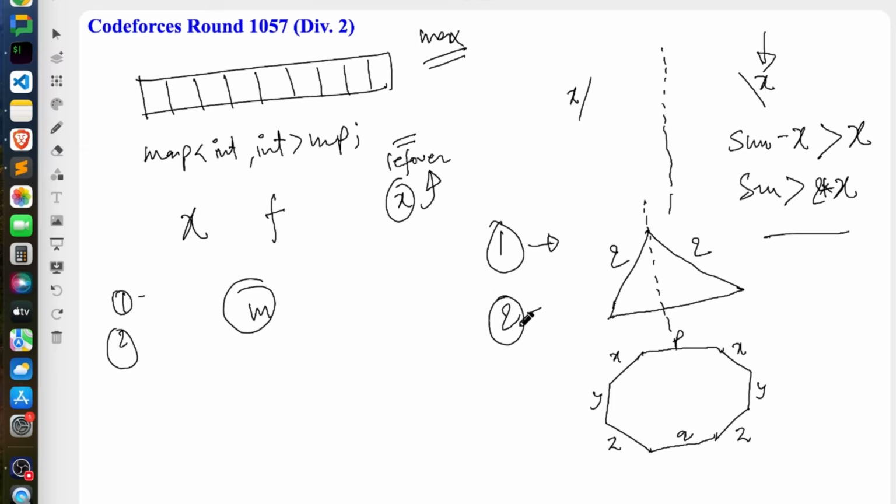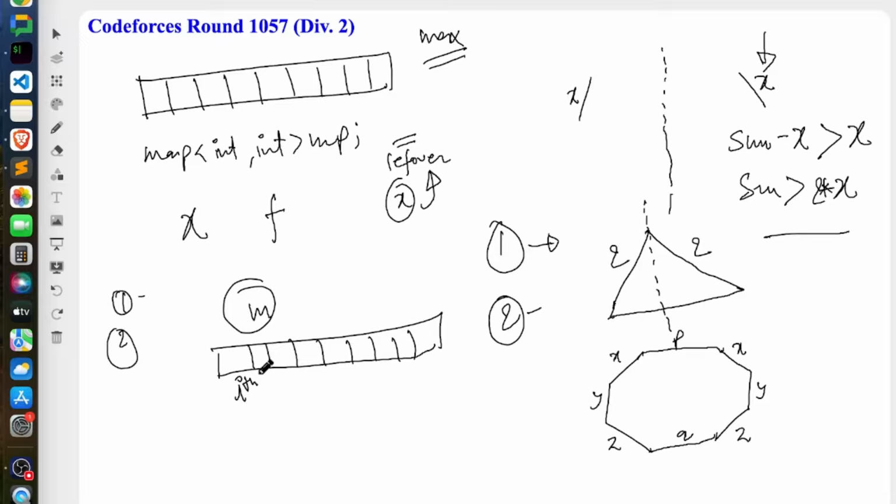So we know that we have to find two edges from this leftover, right? So what we will do, we will first sort this leftover in increasing order, right? So let's say this is my leftover array. What I will do, I will start picking the ith one.